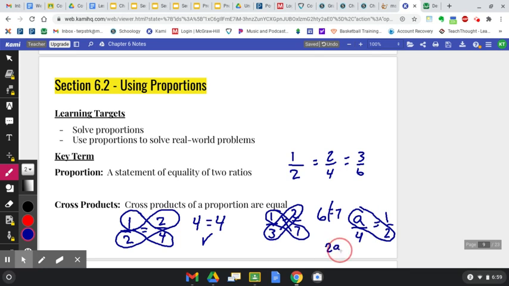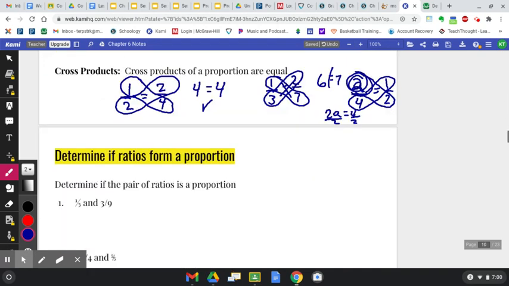It's 2 times a has to equal 4 times 1. And when I divide both sides by 2, we get a equals 2. So that's the value that will make that proportion a true statement. So we'll use that cross multiplication first to tell if they are proportional, and second, to solve proportional relationships.